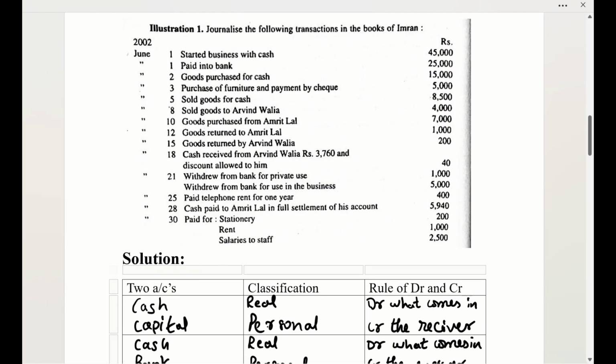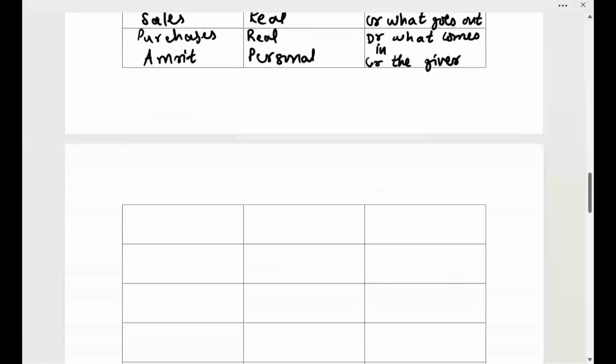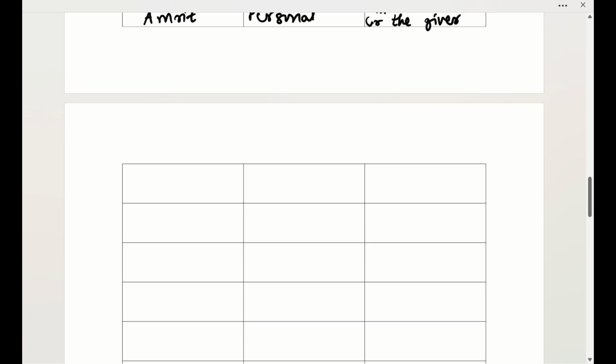Next entry we have goods returned to Amrit Lal. Before, we purchased, and here we are returning the goods. So we have here Amrit, and here purchases return.